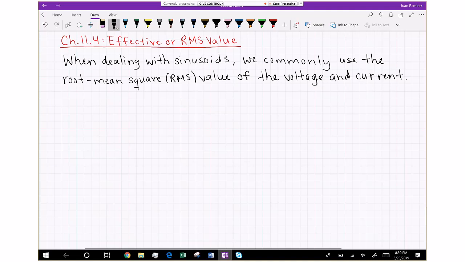The way to find the RMS value, and I'm going to use x as a general variable instead of voltage or current, is this equation to find the RMS value of x of t.